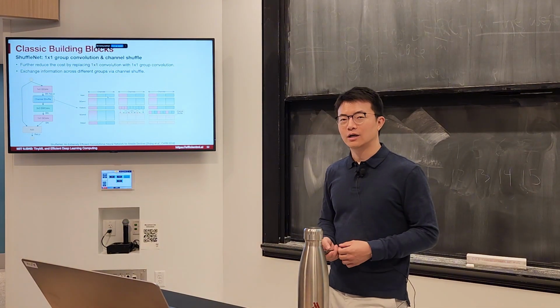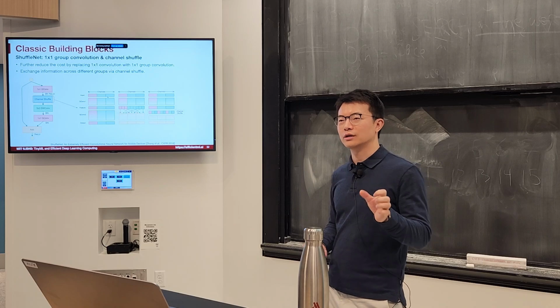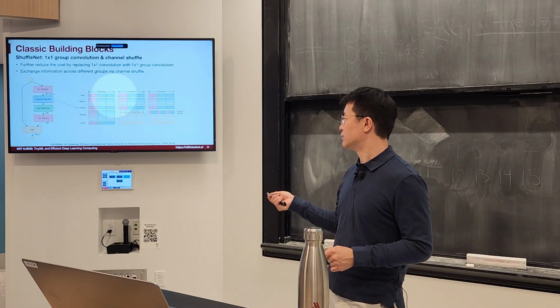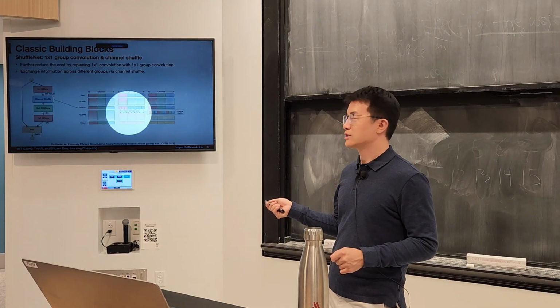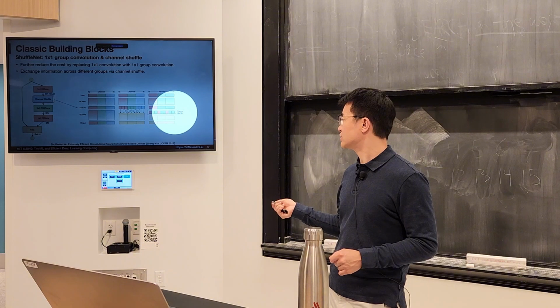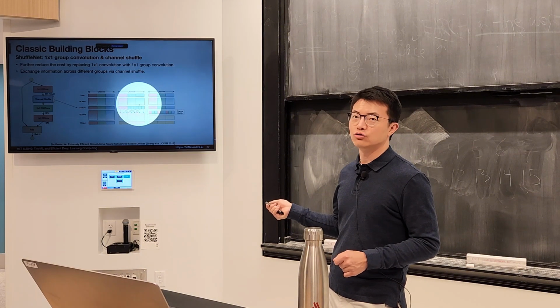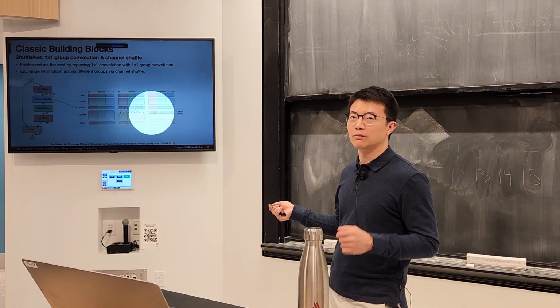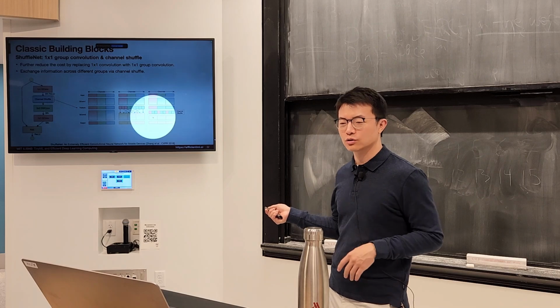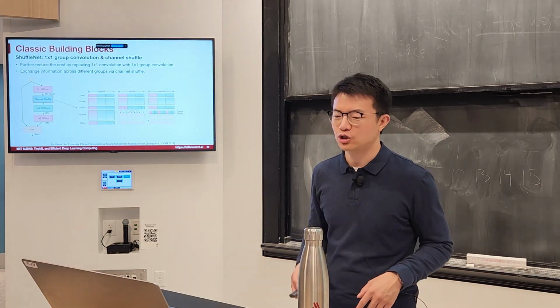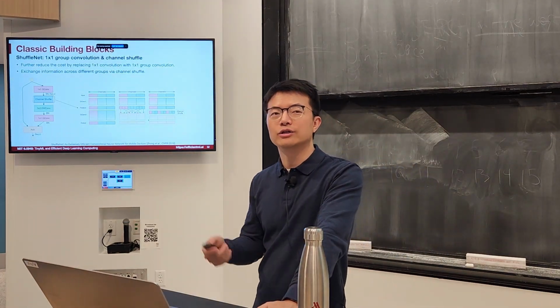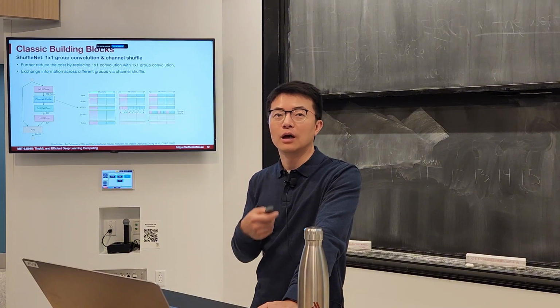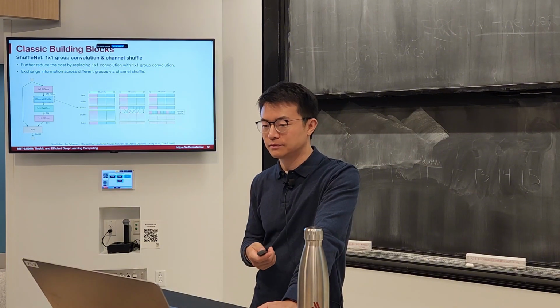And now we want to encourage different groups to talk to each other. Therefore, we want to shuffle the channels across different groups. This is after the channel shuffling. The red group has components from the red and also the blue and also the green. Okay, so this is the shuffle to encourage the information to flow between different channels.